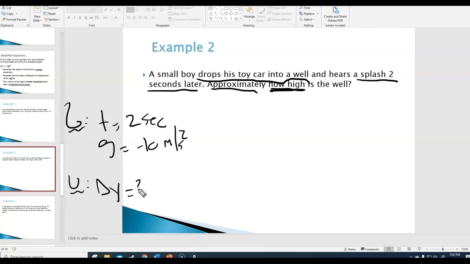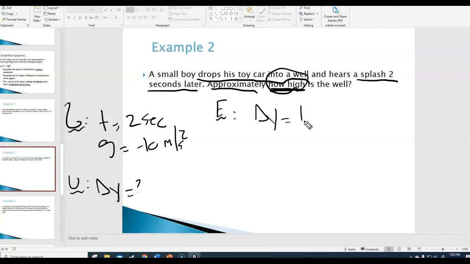Now I say kind of asked about delta y because if I ask you how high the well is, I'm expecting you to give me a positive answer. But when we use this equation to calculate delta y, we're actually going to get a negative answer. The reason for that is because delta y, the vertical displacement, is negative because the toy car is falling down, but answers about height should always be positive.